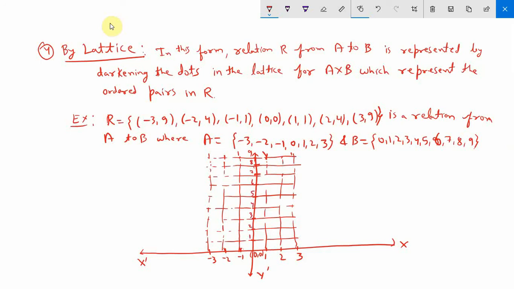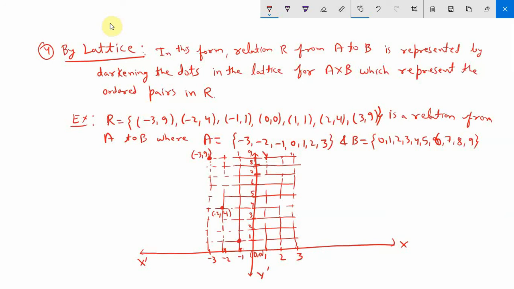Okay, so now if we see R, (-3, 9) will lie here. We will denote it by a darkened circle. So this is (-3, 9). The second one is (-2, 4). So -2 is here, and 1, 2, 3, 4; this is your (-2, 4). The third is (-1, 1), which will lie here.